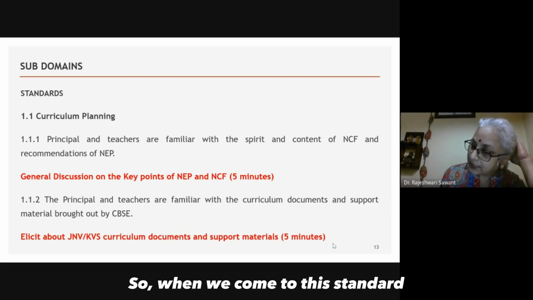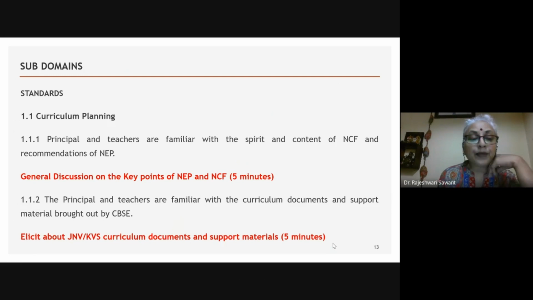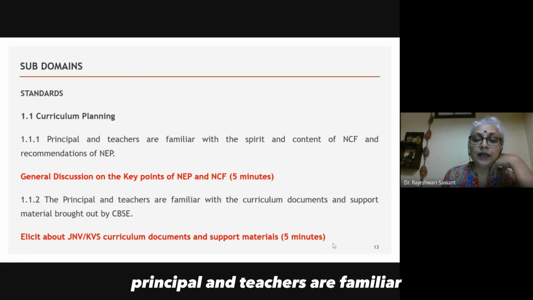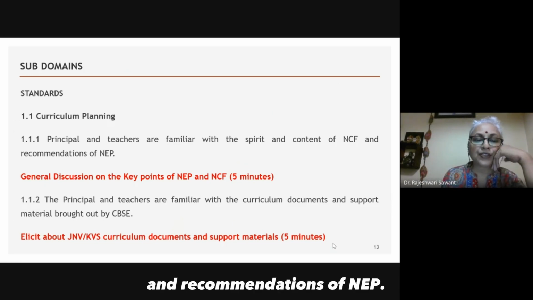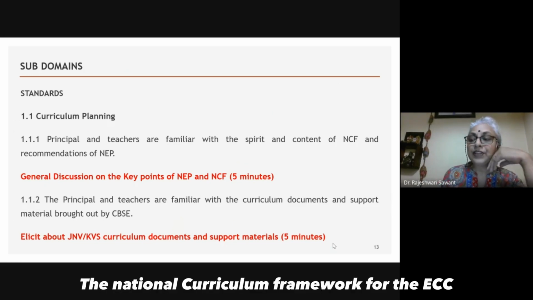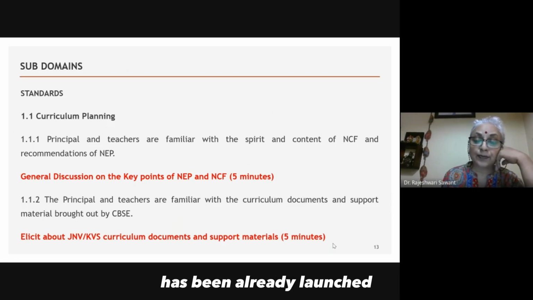So when we come to this standard, that is 1.1.1, principal and teachers are familiar with the spirit and content of NCF and recommendations of NEP. The National Curriculum Framework for the ECC, that is Early Child Care Education, has been already launched and it is brought into practice.